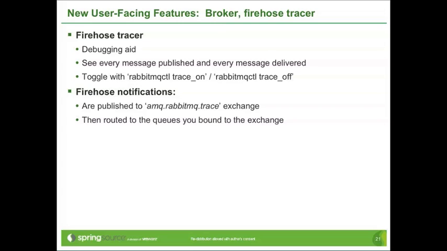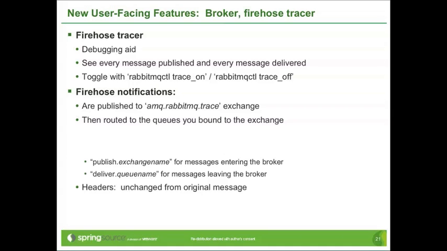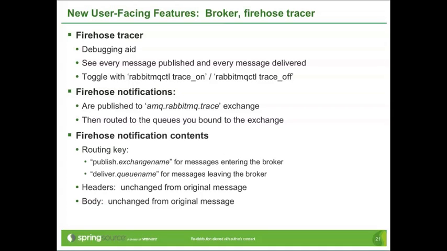From this exchange, you can then bind queues to it, and then the Firehose notification messages, which are published into the exchange, will end up in the queues that you specified. A Firehose notification contains a routing key of the form publish.exchange name or deliver.queue name, the former being for messages entering the broker and the latter being for messages being delivered out of the broker into queues. The headers are unchanged from the original message, as is the body.